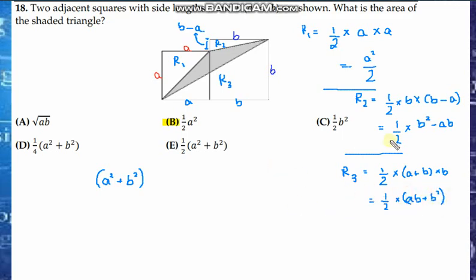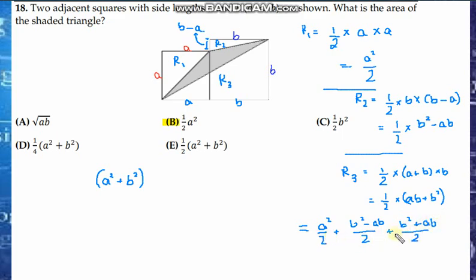So now before we subtract the sum of these regions from the total area, let's just find the sum of the area of these regions. So that's A squared upon 2 plus B squared minus AB divided by 2, again plus B squared plus AB divided by 2.